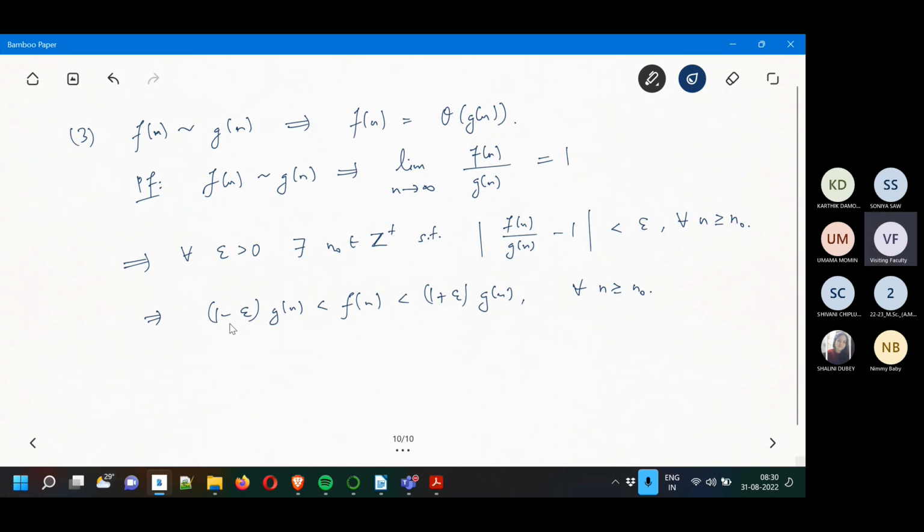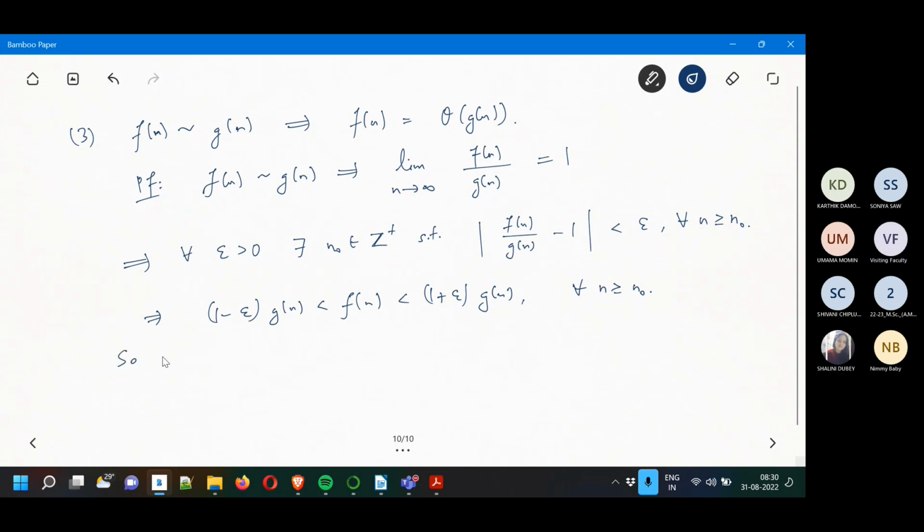Okay, just check this. Right? This is how it will be. In fact, there is again mod, but these are positive functions, so I'm forgetting mod for the moment. So this means fn by gn is between 1 minus epsilon and 1 plus epsilon, and I have just multiplied gn on both sides.